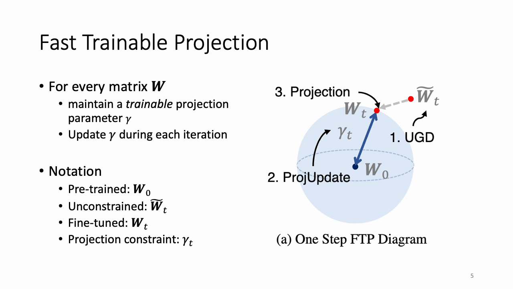During each iteration of update, in the first step, FTP makes an unconstrained gradient descent step just like other common optimizers. Then FTP updates its projection parameters using the previous and the current gradient information. Finally, it projects the unconstrained update towards the pre-trained model W0 using the updated projection parameters.